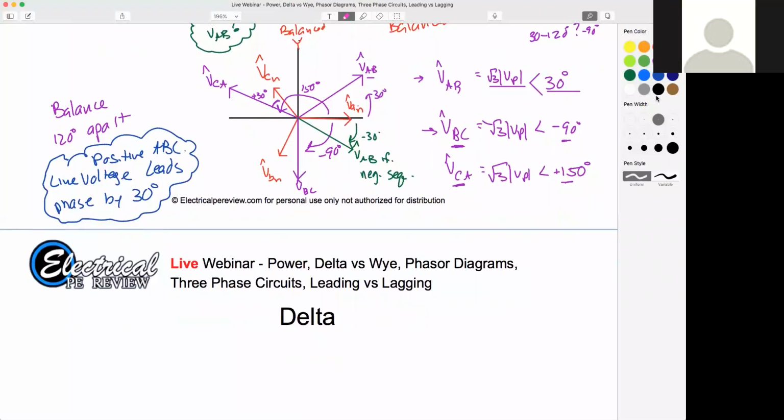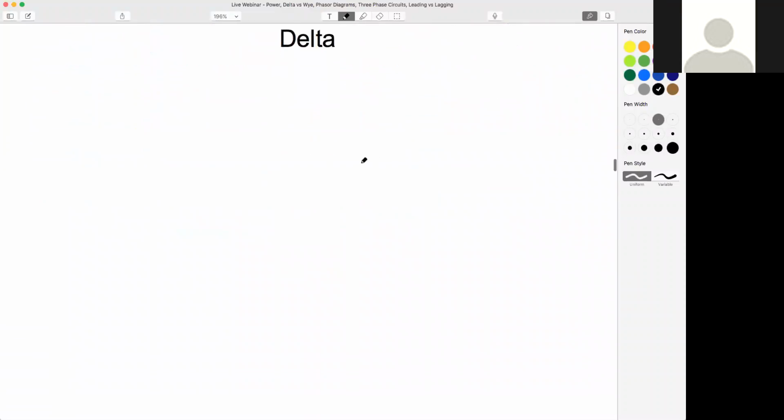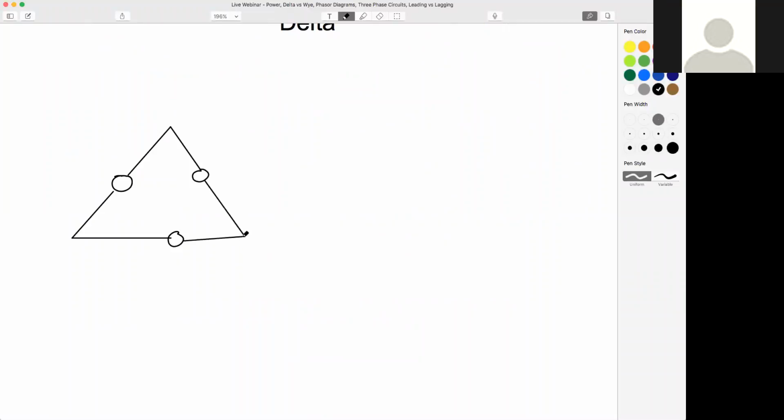All right, moving on. Delta. So I'm going to draw, same as before, a delta source and a delta load. I'm going to have you guys help me with both the polarity of the voltages and of the currents. This time around, we know we've got two different currents, and really we only have one voltage. So not perfect, but it'll be close enough.